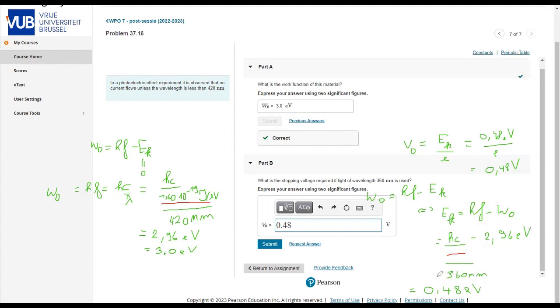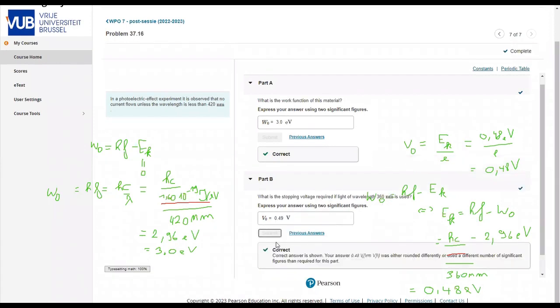And in total, you will have this one. And then you have this one. I think it will be correct. Okay, it's correct. That's my exercise for this one.